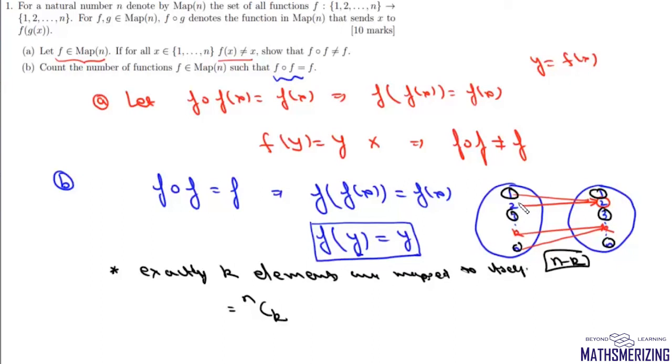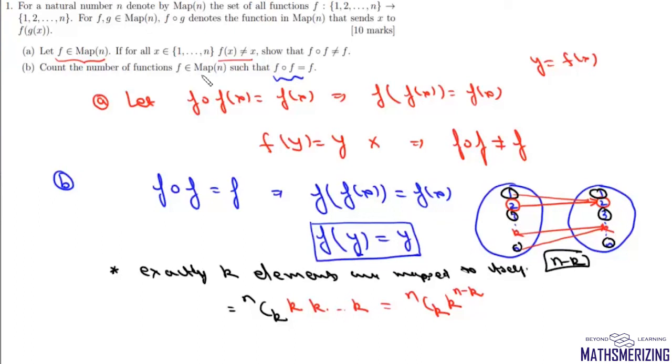That means for each of these remaining elements we have k choices. So for the first one we have k choices, for the second one also k choices, and for all n minus k elements we have k choices. So it'll simply be nCk into k to the power n minus k.